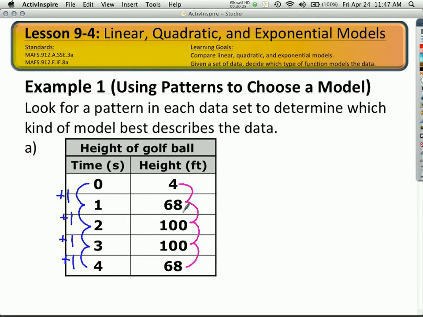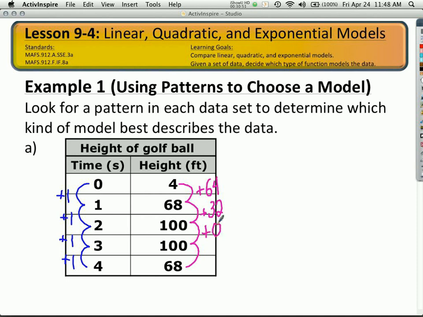4 plus what? 64. But then we've got 68 to 100. What's happening from 68 to 100? Ethan? Adding 32, right? Very good. And then what about from 100 to 100? What are we doing there, Aaron?